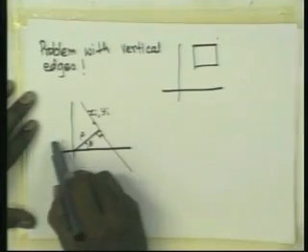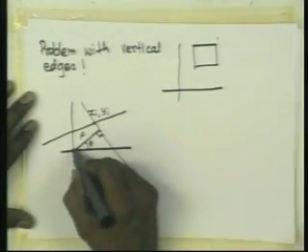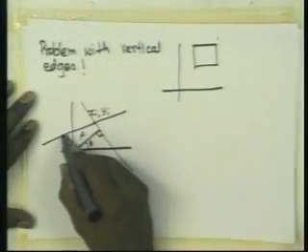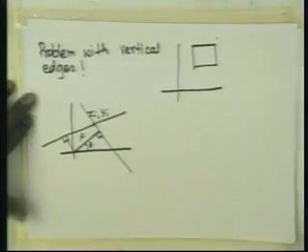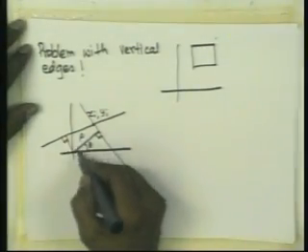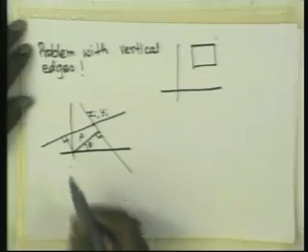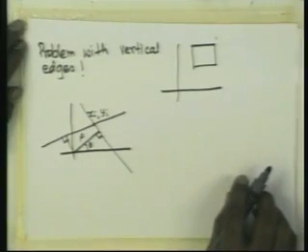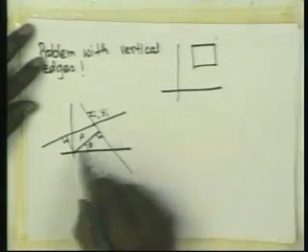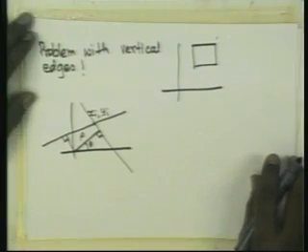I can pass another line through this same point, and I'll have another rho, theta parameterization. This will get around the problem of vertical edges.